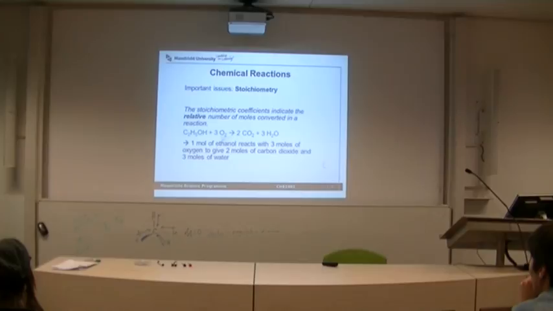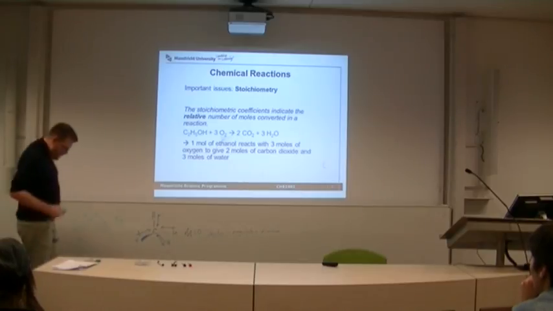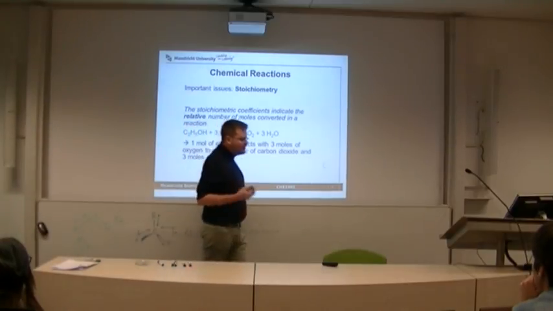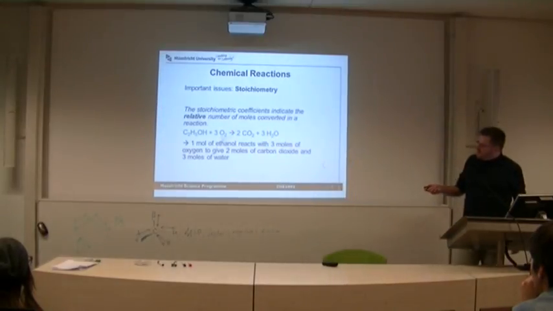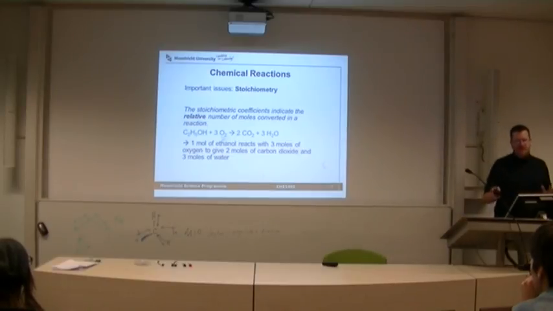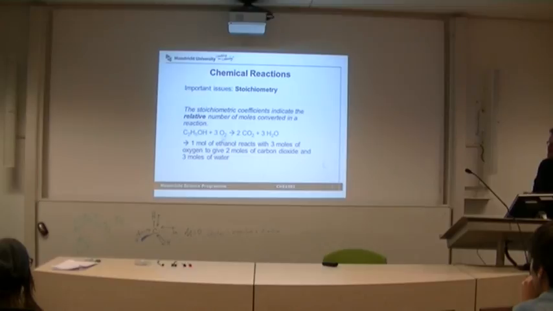Okay, so again, the important issue here is stoichiometry, meaning getting the number of atoms on the left equal to the number of atoms on the right. And what does this actually mean? There are 2 possible interpretations.